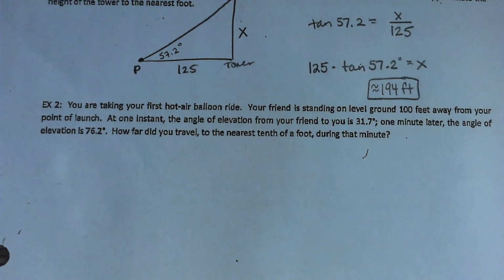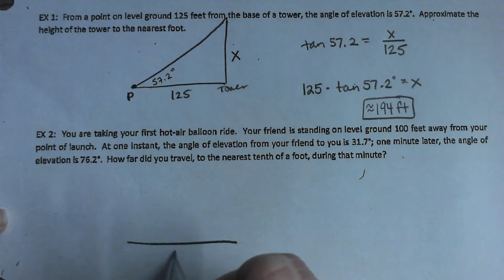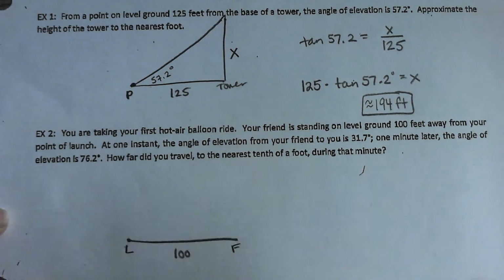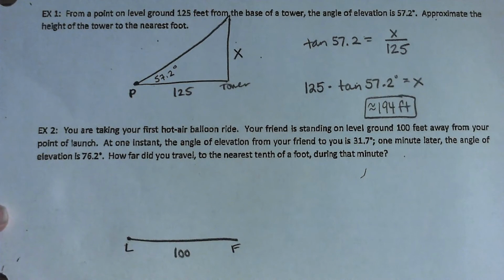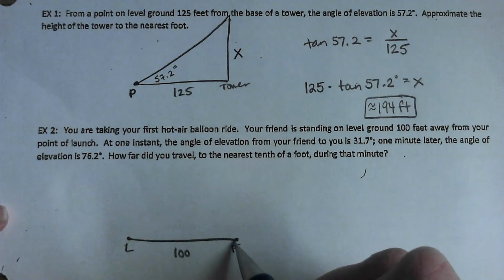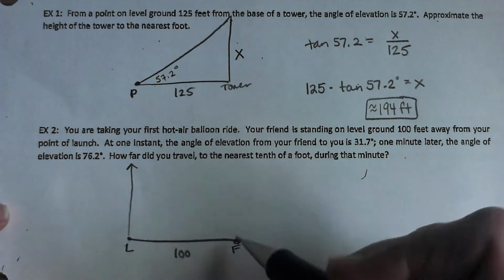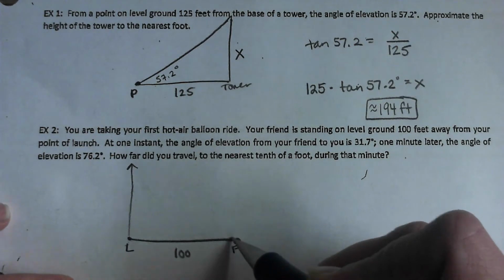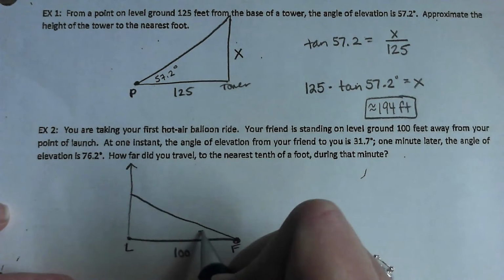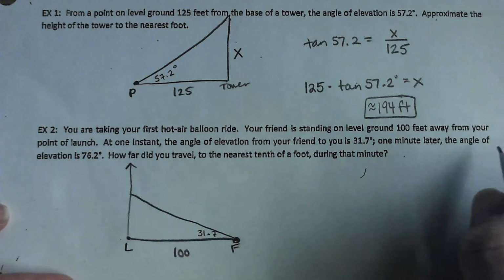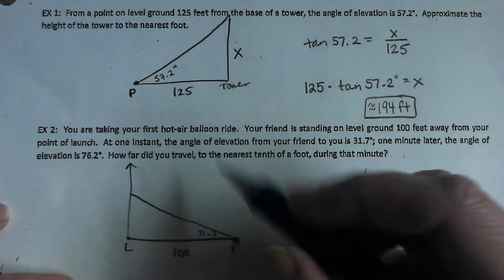All right. Your friend is standing on level ground 100 feet away from your launch. We'll call this my launch. This is friend. At one instant, the angle of elevation from your friend to you, so you're going to keep going up, you're launching, is 31.7 degrees. 1 minute later, the angle of elevation is now 76.2.